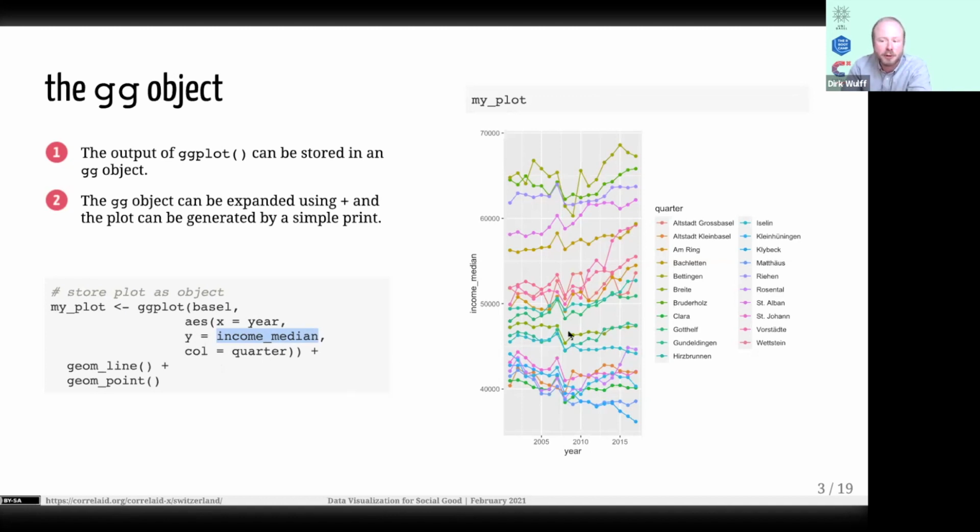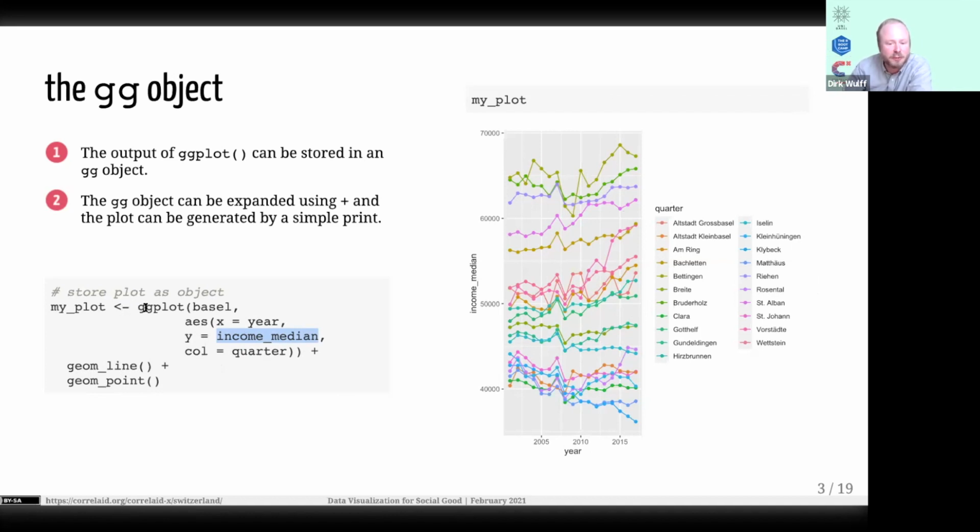And then ggplot will automatically pull colors from its standard default color set and then add lines and points, because we require geom_line and geom_point, lines in these colors for each of these quarters. And ggplot also automatically adds the legend here.